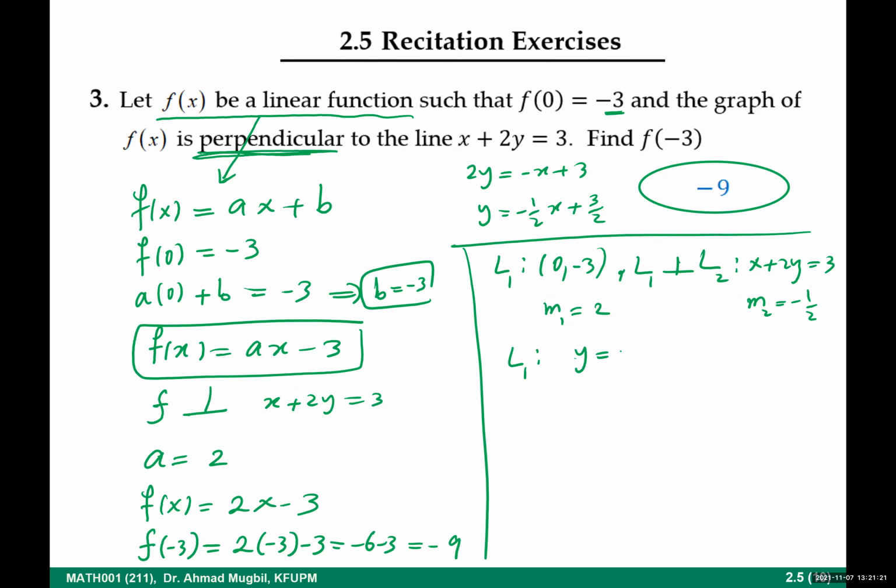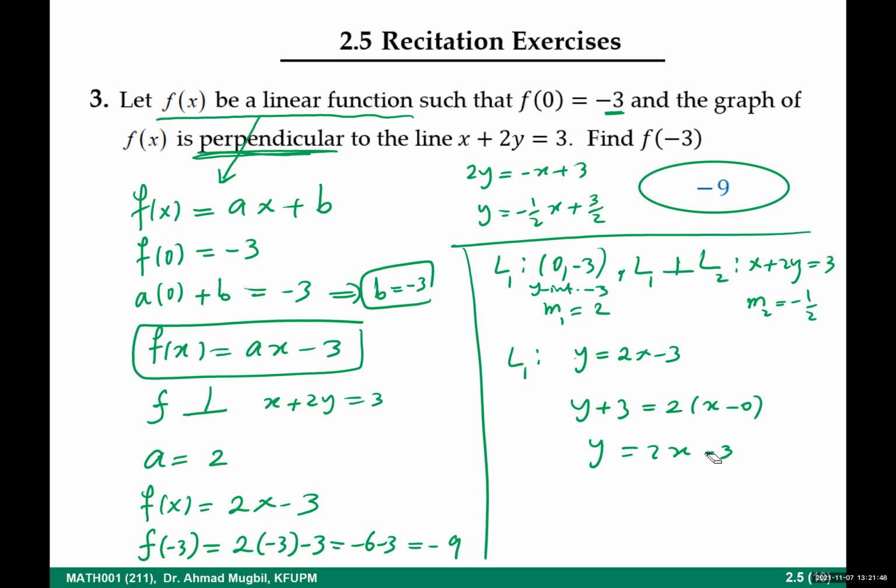According to the slope-intercept form, our line's equation will be y equals the slope times x minus 3. This is the y-intercept. Or you can use y minus (-3) equals 2 times x minus 0, the point-slope form, from which you will get 2x minus 3.